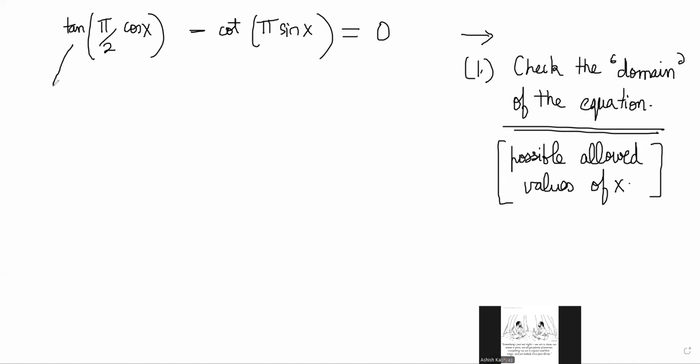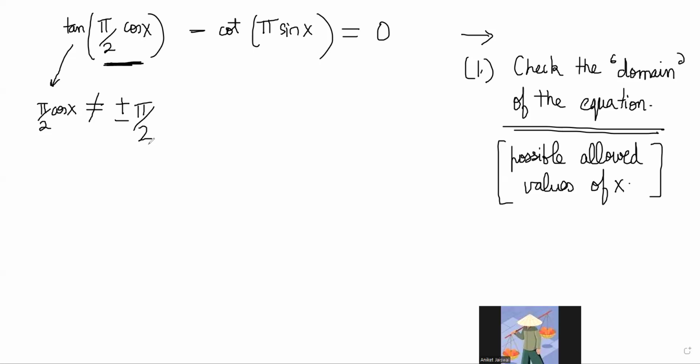When is the tan function properly defined? When the angle is not equal to (2n plus 1) pi by 2. So the angle here should not be equal to an odd multiple of pi by 2, right? So pi by 2 cos x should not be equal to either plus or minus pi by 2.